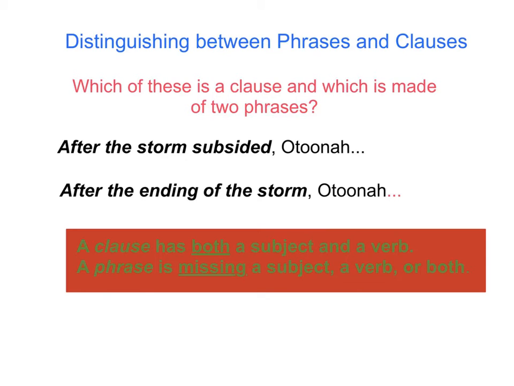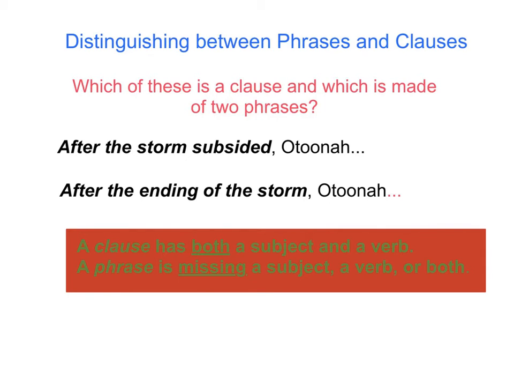In the second group of words, bold and italicized, you've got after the ending of the storm. There's no verb in there. The word ending could look like a verb, like they were ending the date or whatever. That could be a verb, but here it's the ending, and the word the in front of a word signals that it's a noun.